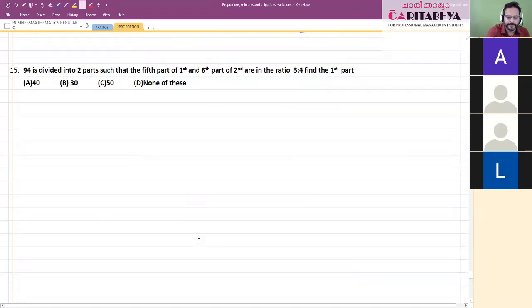94 is divided into 2 parts such that the 5th part of the first and the 8th part of the second are in the ratio 3:4. Find the first part.